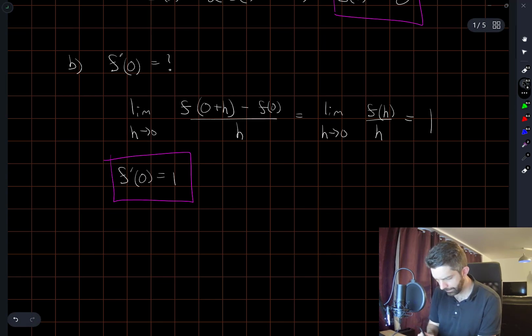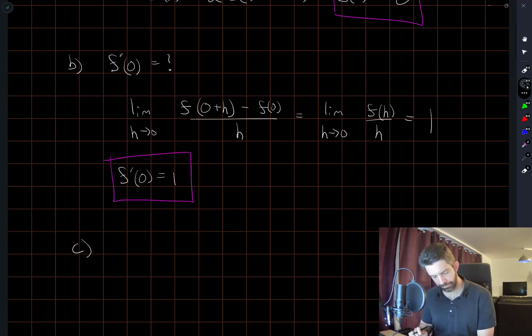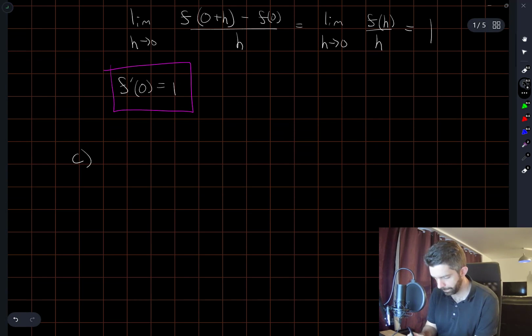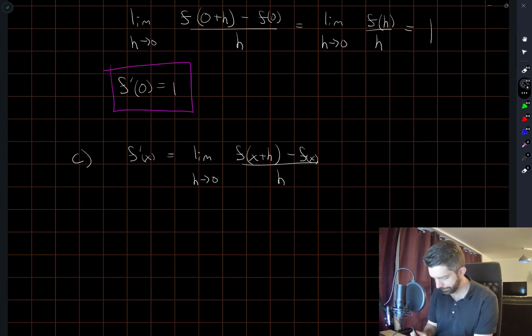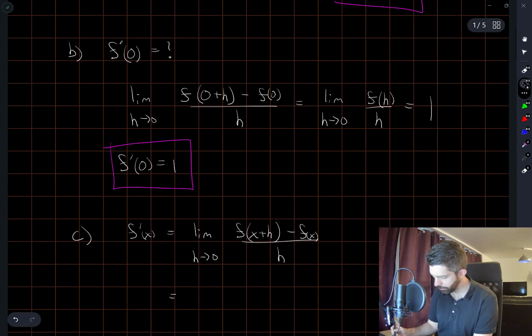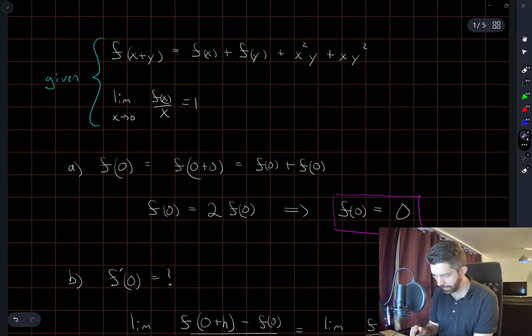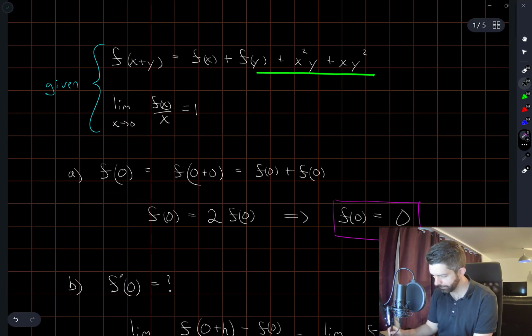Okay. And the last part of the question asks us to find f prime of x. Okay, so again, I'm just going to write this as the definition like that. Now I'm going to substitute f of x plus h. I'm going to use the identity that we're given here.